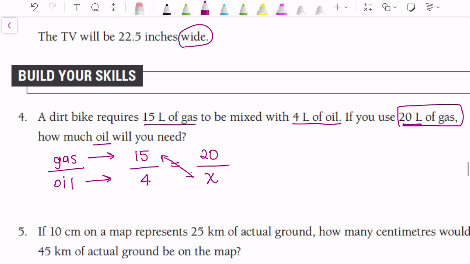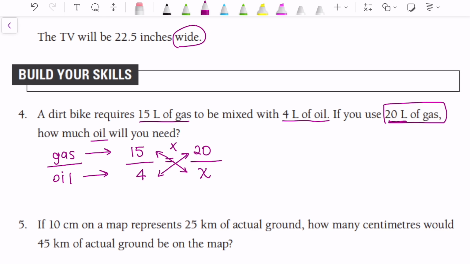I draw these little arrows just to remind yourselves that you are doing cross multiplication. I'm going to draw with a different color here so you can see as well. I'm going to start with this. 15 times x is 15x. 4 times 20 is 80.